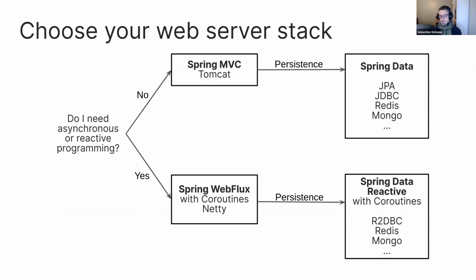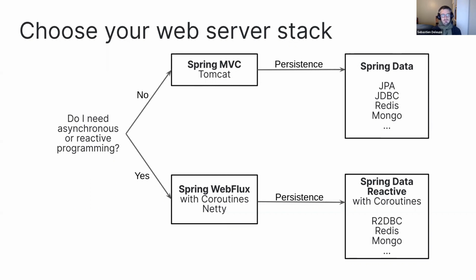And with that, you can use Spring Data Reactive with Coroutines using R2DBC. R2DBC is reactive SQL, a reactive and Coroutines API that allows you to deal with your SQL database. It's not JPA, it's a thinner abstraction, but that's what is recommended when you want to deal with SQL in the reactive world. You also have Spring Data Reactive for Redis, Mongo, and most of the data stores.